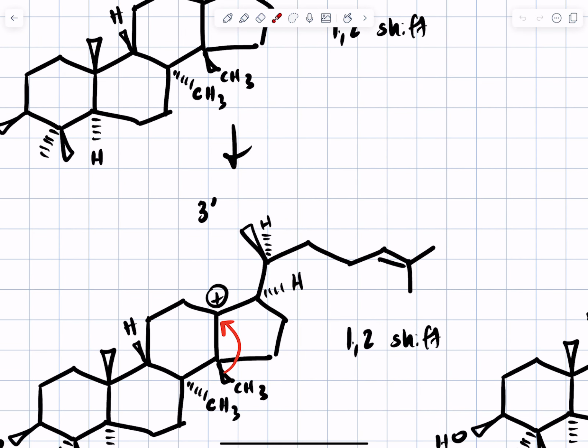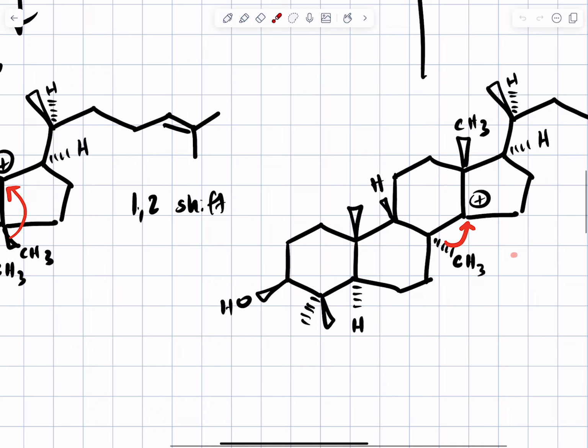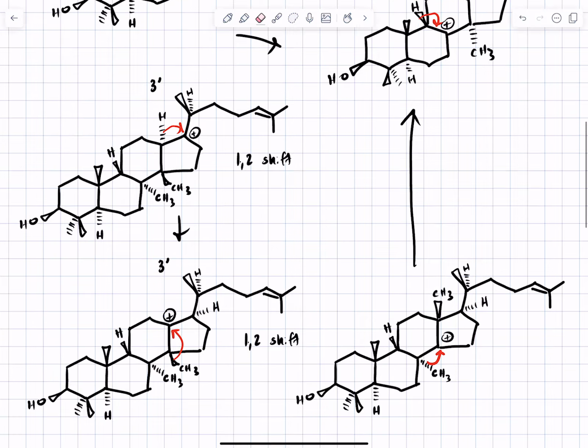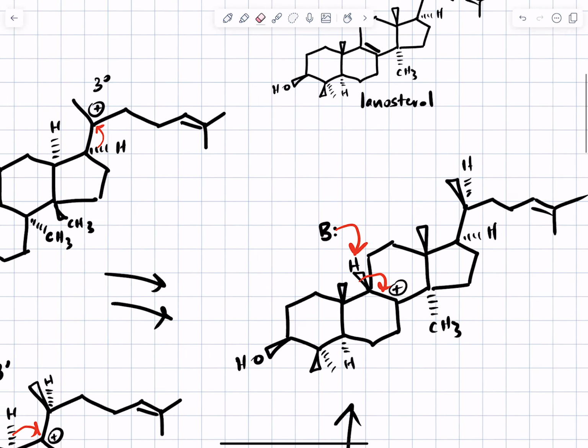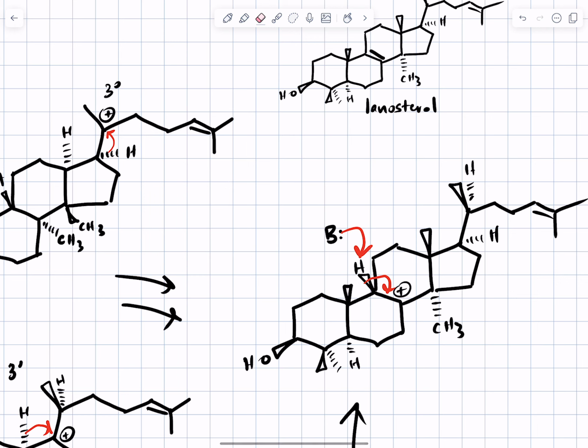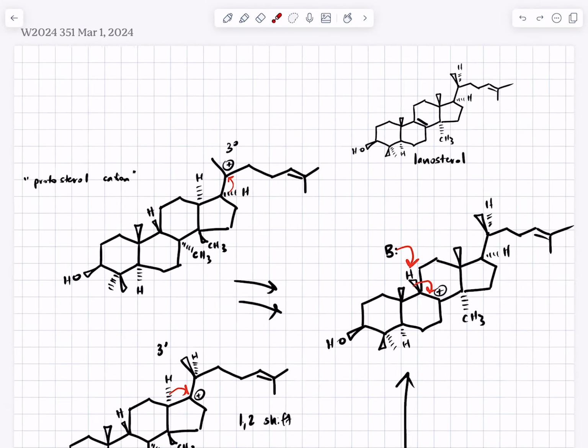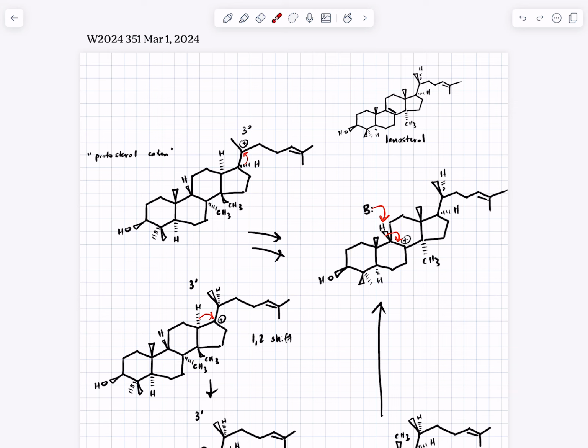Then this methyl group, which is up, does a 1,2 methyl shift to make this carbocation, and then this methyl group, which is down, does a 1,2 shift to make this carbocation, and then the final step is an E1-like elimination step where a base from the enzyme that catalyzes this process removes the proton, creates a double bond, and there's your lanosterol. So there's this cascade of 1,2 hydride and methyl shifts that gets everything where they need to be.